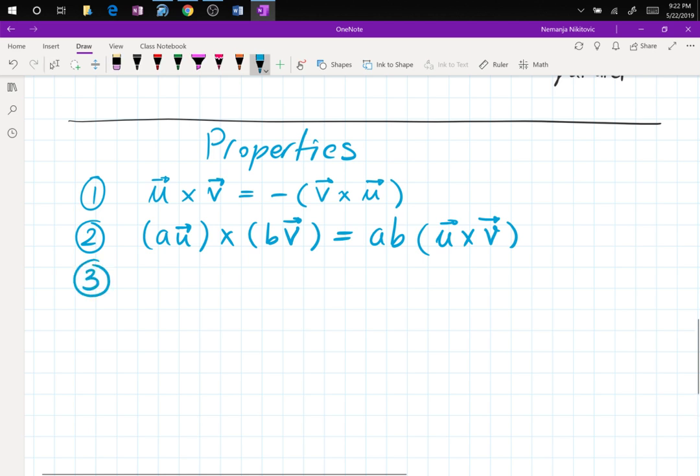And two distributive properties: u cross v plus w is u cross v plus u cross w.